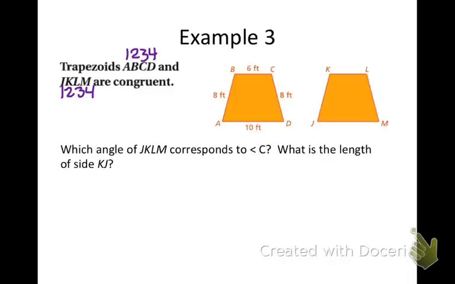So we want to know which angle in the right-hand trapezoid, the JKLM, corresponds to C. Well, angle C is the 3rd position, and looking at the name, angle L. So angle L corresponds to angle C. When we look at what is the side length of KJ, well, KJ is the first 2 letters in the 1, 2 position, and AB are the first 2 letters in the 1, 2 position. So KJ must be equal to 8 feet.